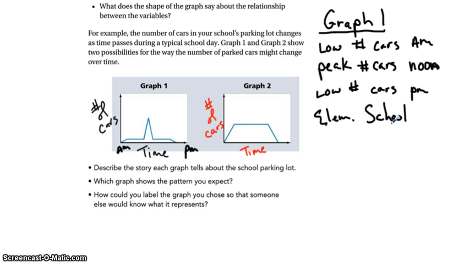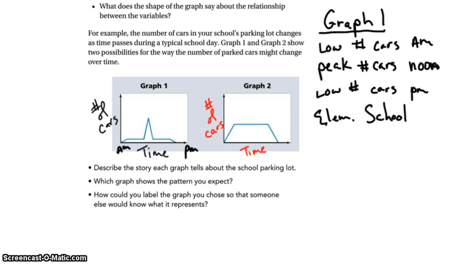So we would also expect maybe a higher influx of cars in the morning and a higher influx of cars in the afternoon, but that could be because those are bus riders. AM, PM kindergartners would ride the bus to school in the morning but be picked up by their parents, and again be dropped off by their parents but then ride the bus home in the afternoon.